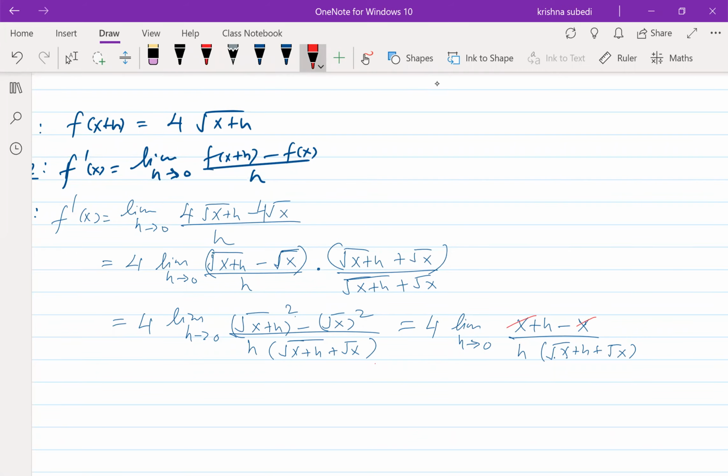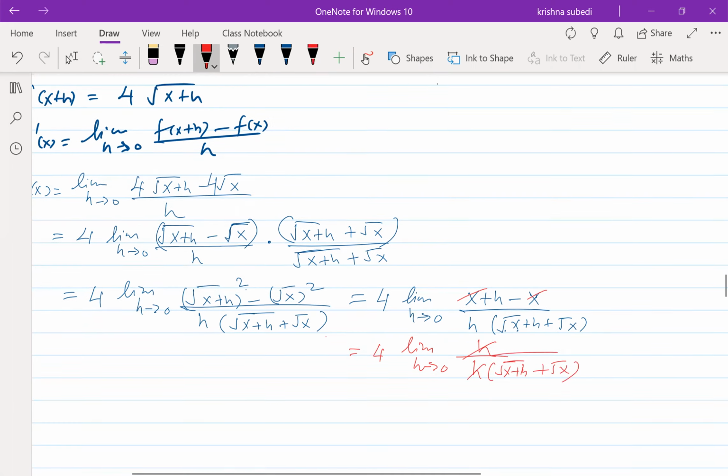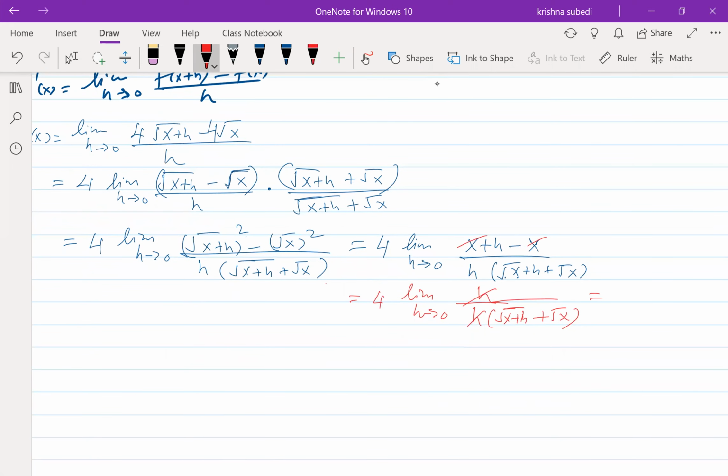and simplifying, you get this. This cancels out. So now you can substitute the value of h.